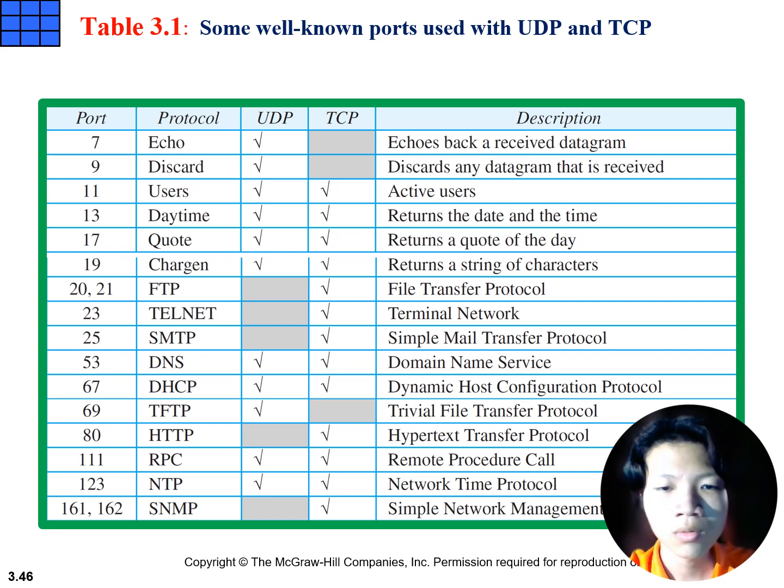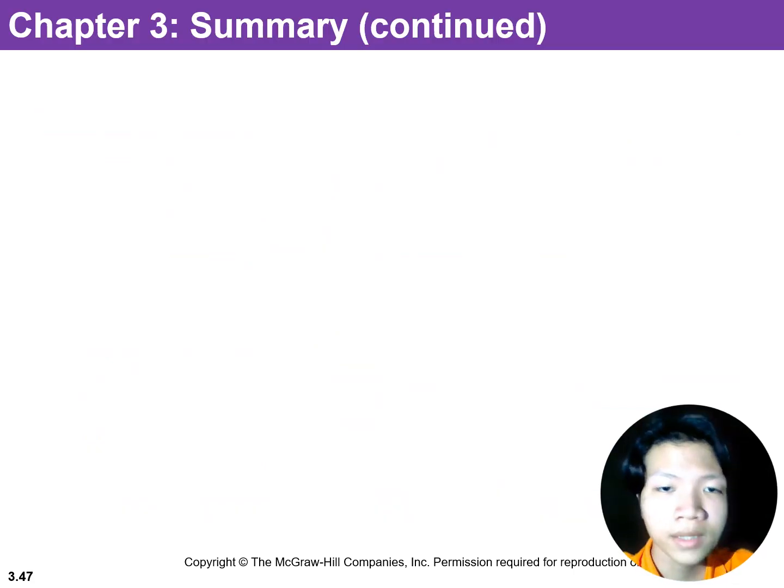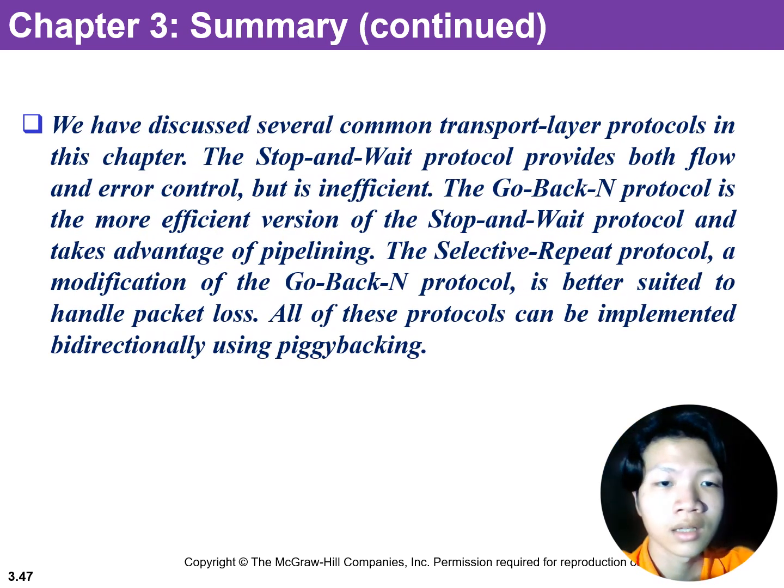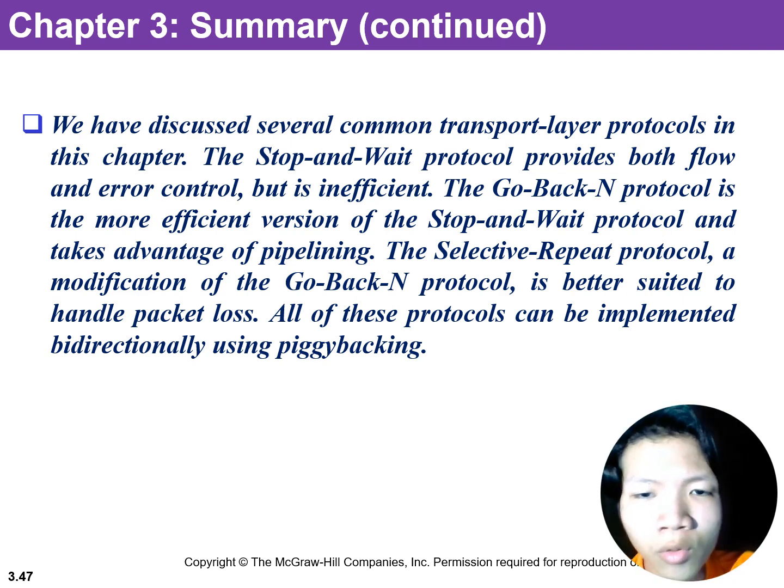Here is a summary of this part. We have discussed several common transport layer protocols in this chapter. The Stop-and-Wait protocol provides both flow and error control, but is inefficient.